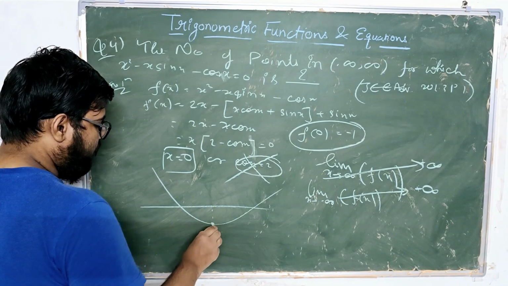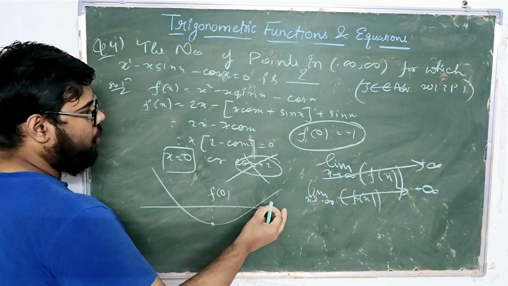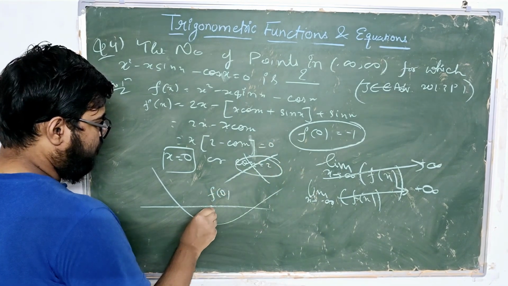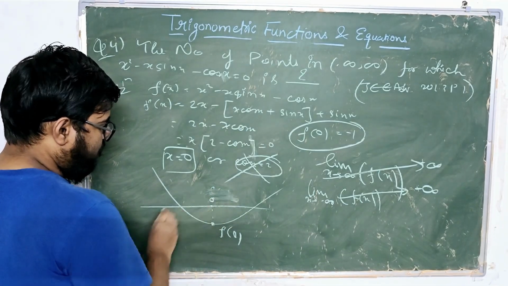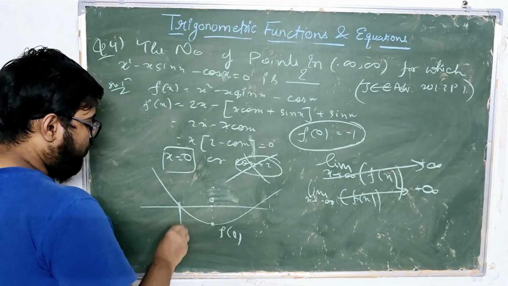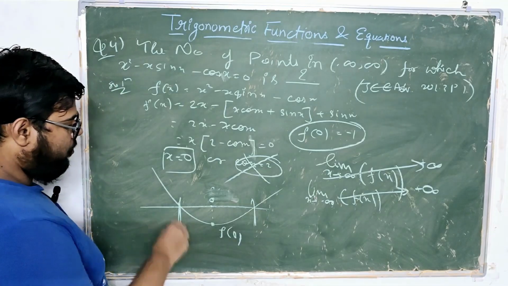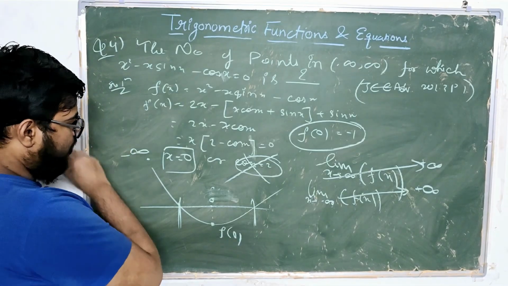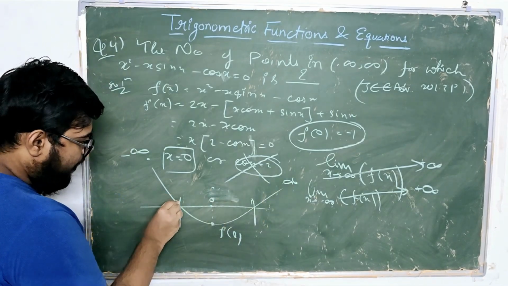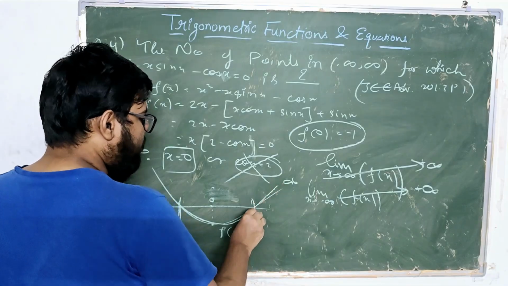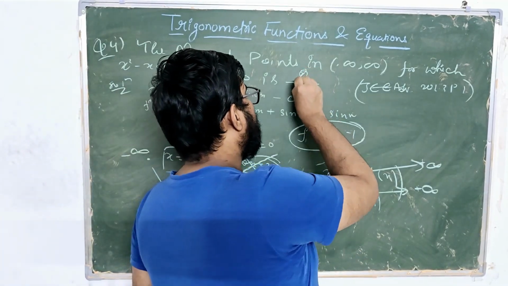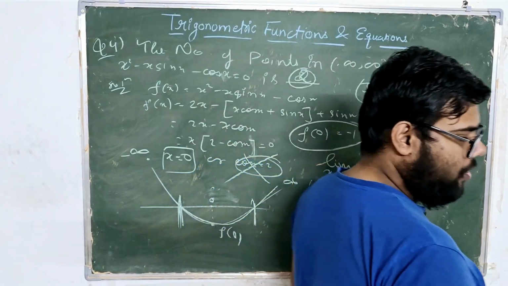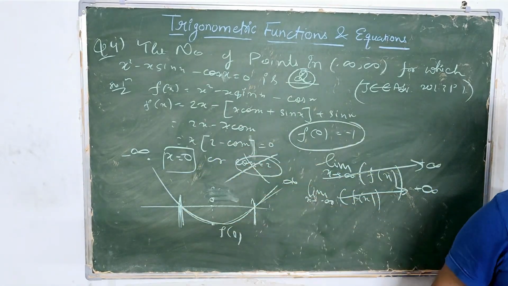This is function at 0. What is function at 0? It is equal to negative 1. Okay, so clearly there will be only two roots, because the function is coming from positive infinity, going down and it should go upwards, so it will cut the x-axis only twice. So there are two roots over here, right? So let's erase this. Now let's move to the next question.